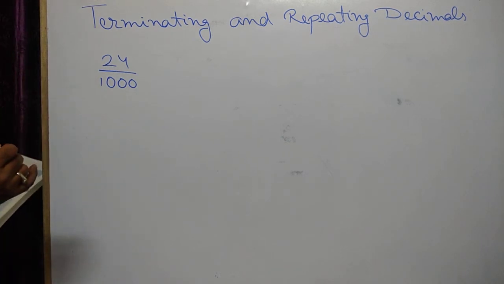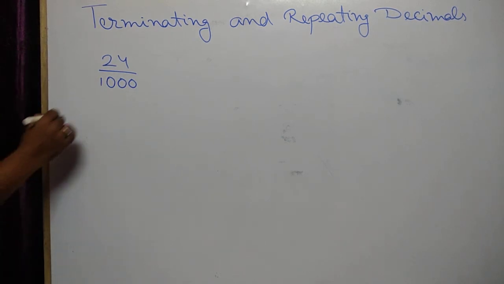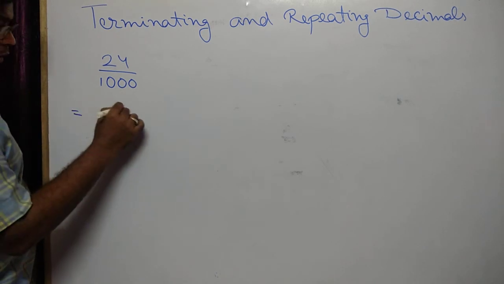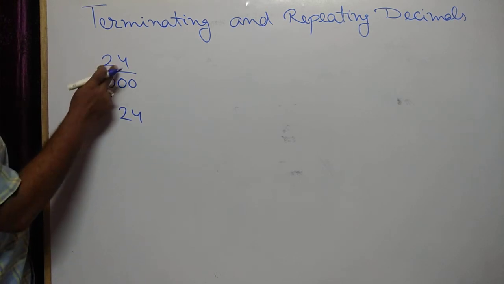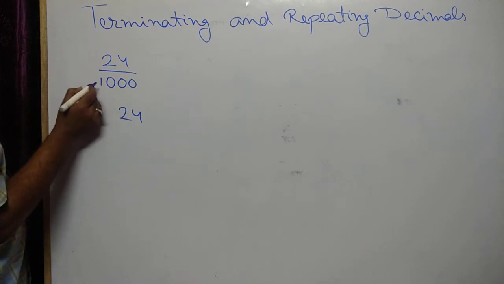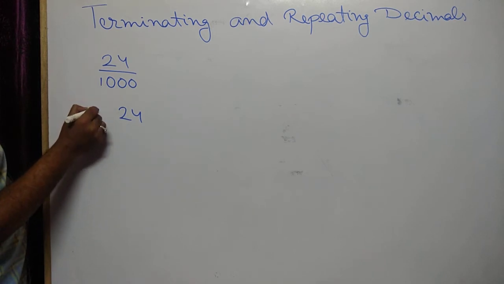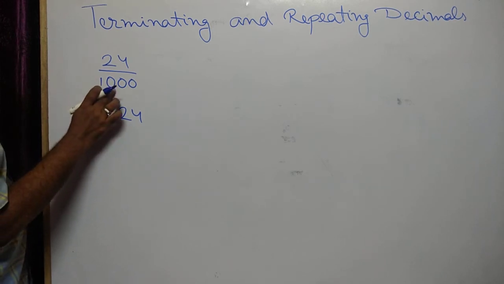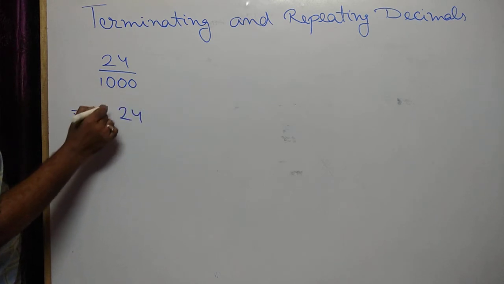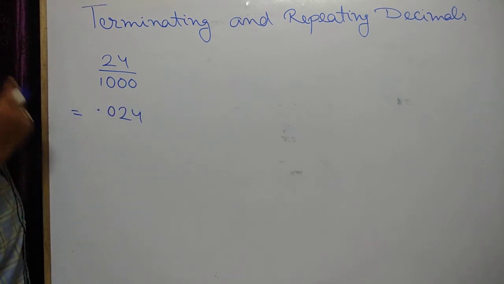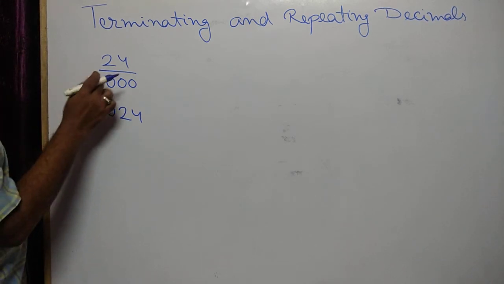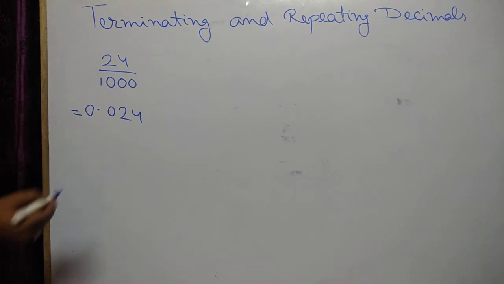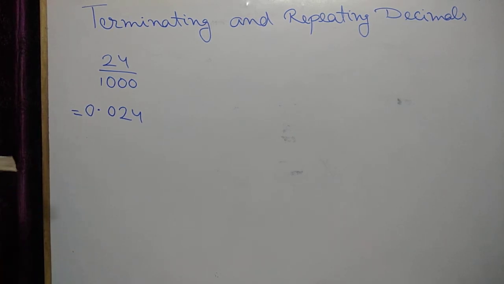If the denominator is 10 or a multiple of 10, then we first note down the numerator, and there are 3 decimal places. To maintain them we put 0 in front of the number, so it is equal to 0.024. So this is one type of question.